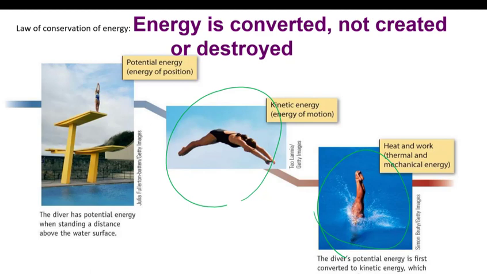Similarly, kinetic energy can be converted into potential energy. The kinetic energy of the falling water could turn a turbine and produce electricity, which can then be used to convert water into hydrogen gas and oxygen gas by electrolysis. Hydrogen gas contains stored chemical potential energy because it can be burned to produce heat and light, or energy.